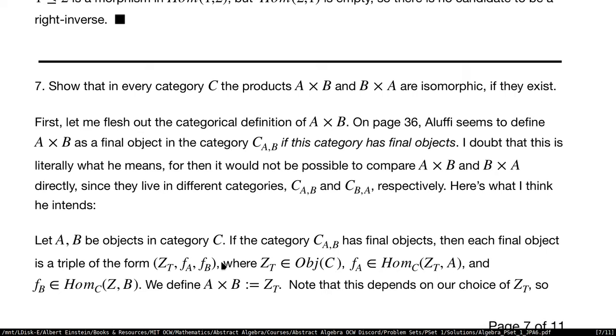So if there's a final object, it's a triple, but I'm going to define the product to be just the object Z_T, because that actually lives in the same category as A and B.